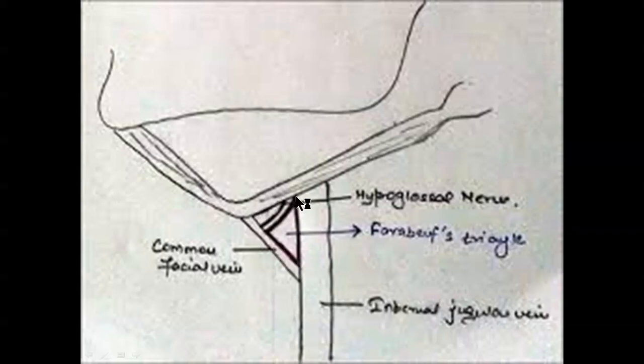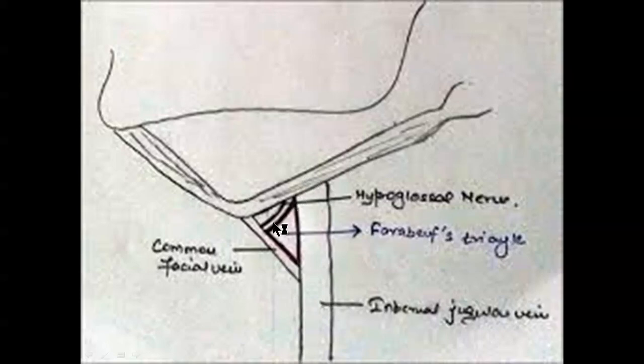This one is a common carotid triangle. Inside the common carotid triangle, this small one, there's a triangle formed which is known as Farabeuf triangle. Boundaries of the Farabeuf triangle would be your cranial nerve 12, hypoglossal nerve, anterior and inferior boundary would be your common facial vein, and posterior boundary would be your internal jugular vein.